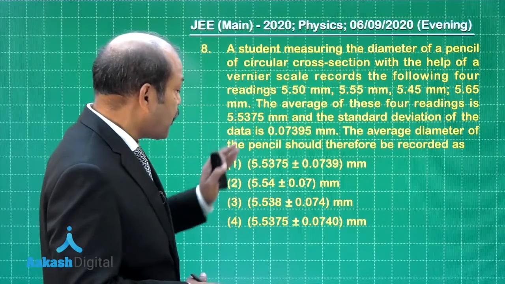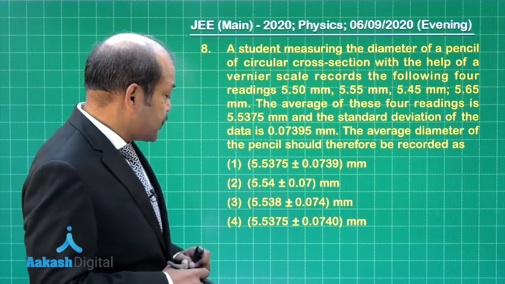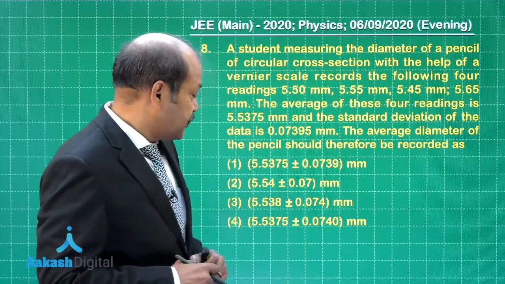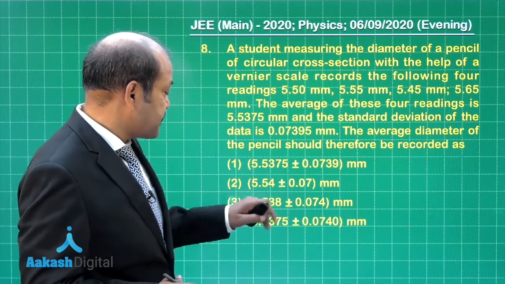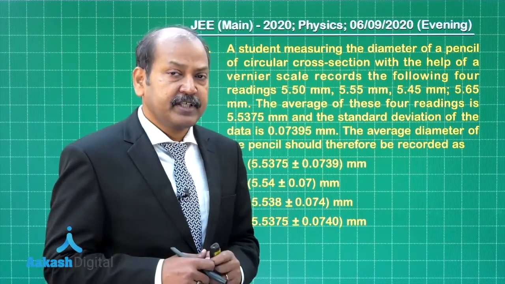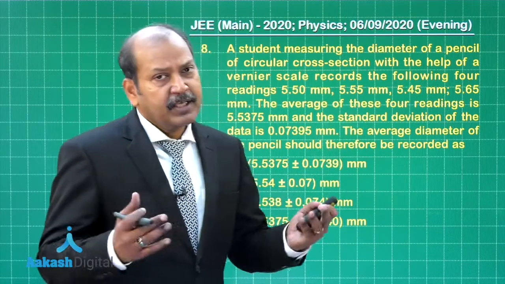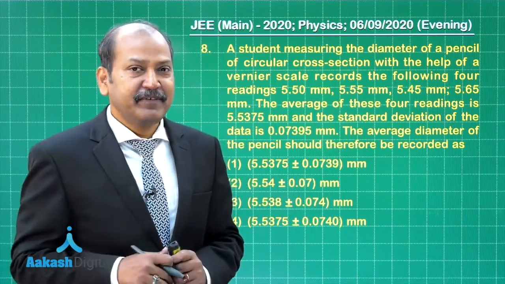Now, if we look at the options, except option 2, all other options have more than 3 significant figures. Option 1 has 5 significant figures, option 3 has 4 and option 4 also has 5 significant figures. And if we look at the data given, it is clear that we can only record up to 3 significant figures.